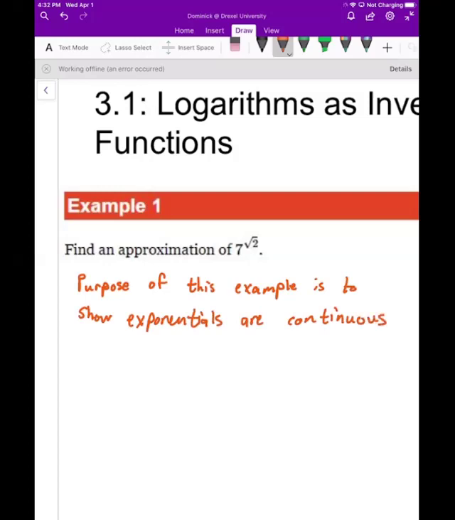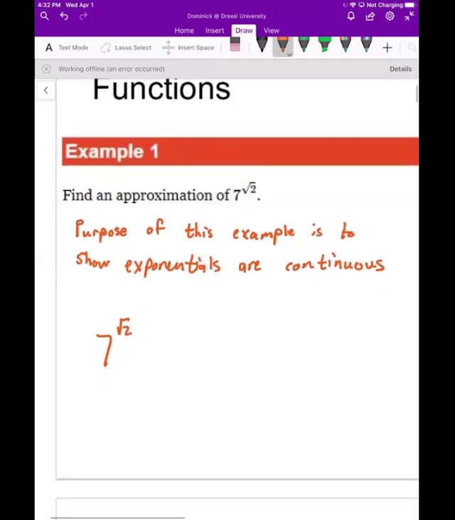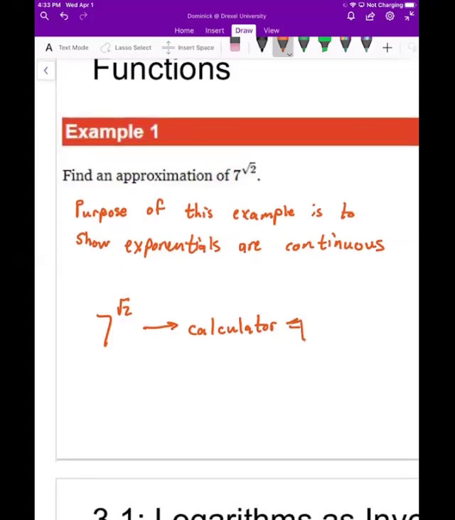The idea is that if you wanted to find 7 to the square root of 2, one thing you could do would be to plug this into a calculator. I raise 7 to the square root of 2, with parentheses, and the calculator gives me roughly 15.6729.